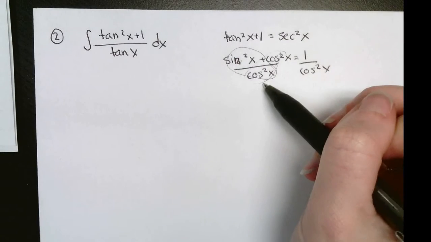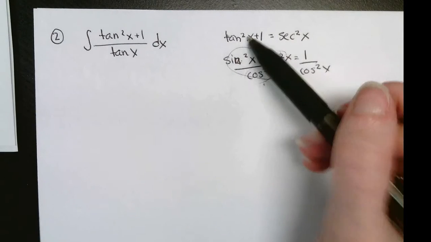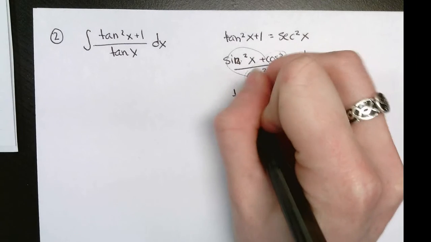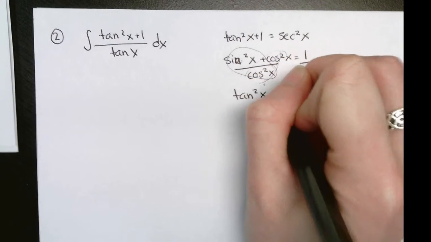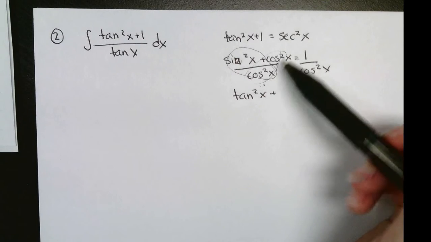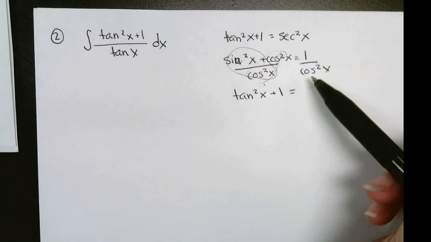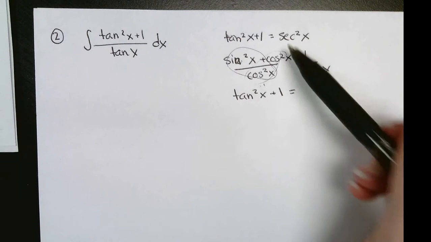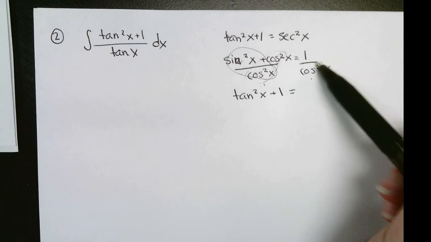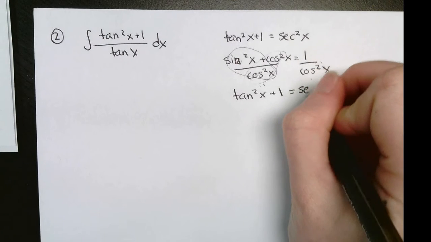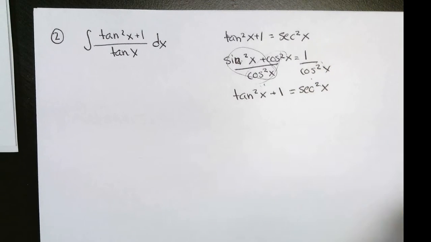So sine over cosine is a tangent. We have that twice because of the square. So that gets us tangent squared x. Plus, well, these cancel because they're the same. So plus 1 is equal to, well, I can rewrite 1 over cosine as a secant, but it's squared so we have 2 of them. So secant squared of x.